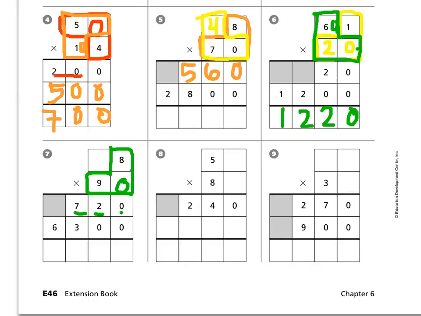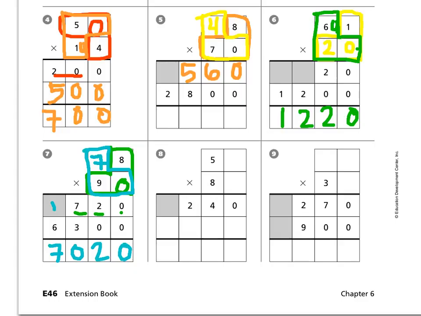Now I need to think about what times 90 will get me 63. And I know that 7 times 9 is 63, and 70, since it's in the 10 spot, times 90 is going to be 6,300. Carry it. 7,020 is your answer.